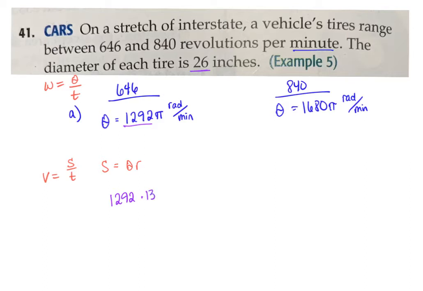And I'm going to leave it right now. So this is going to be 1292 pi times 13 over my time right now, which is still 1 minute. Why is it 13 again? Because my diameter is 26, I need my R. Take your diameter and cut it in half.